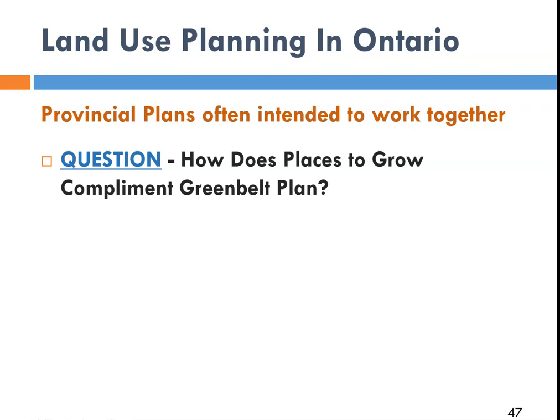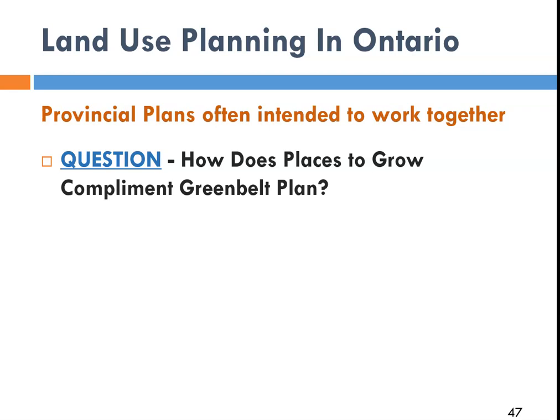Okay, so you've been thinking about how Places to Grow, the last planning document that we looked at, complements the Greenbelt Plan. And I want you to think about it in two ways. So one, think that the Places to Grow document is looking at directing development to existing urban areas.